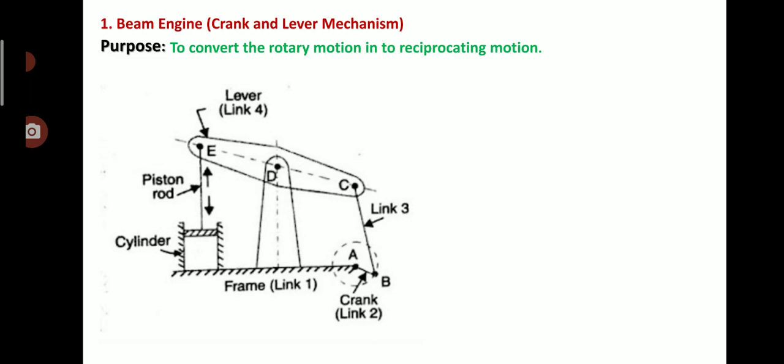Link 4 is a lever, and link 2 is the crank at point A. Link 1 is the frame, link 2 is the crank, link 3 is the connecting rod, and link 4 is the lever. Out of this, the frame, link number 1, is fixed. These are the important parts of the beam engine.